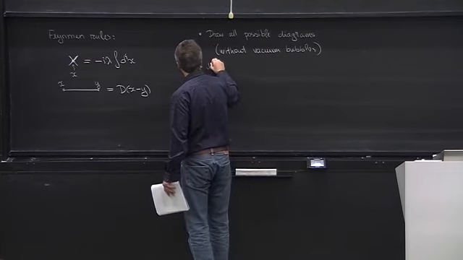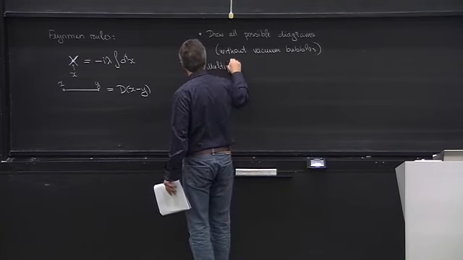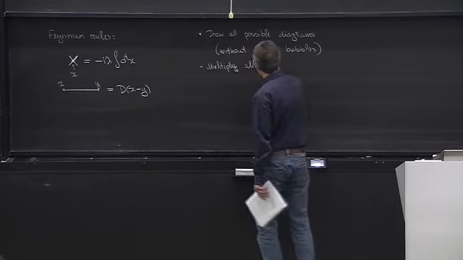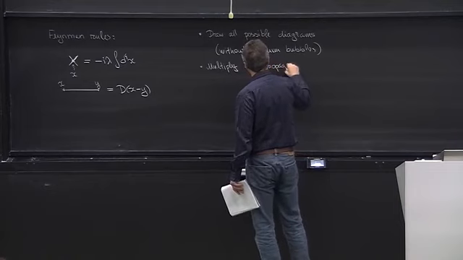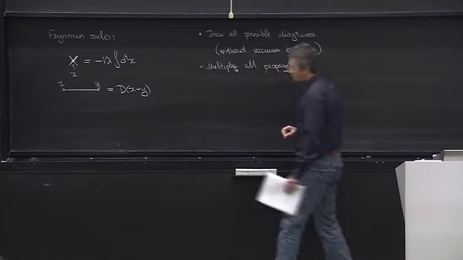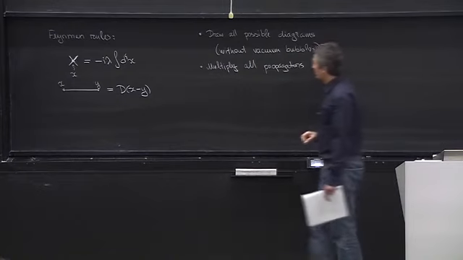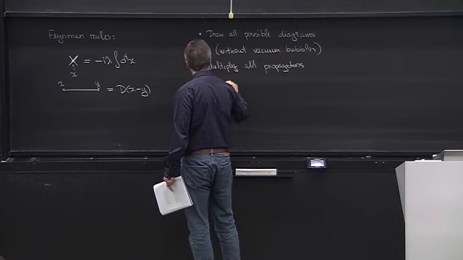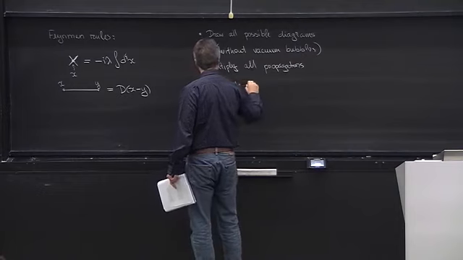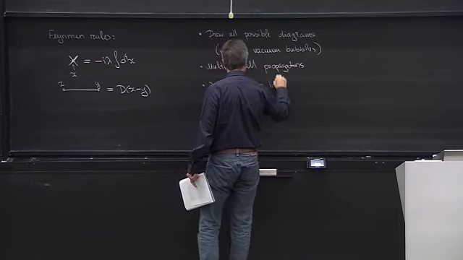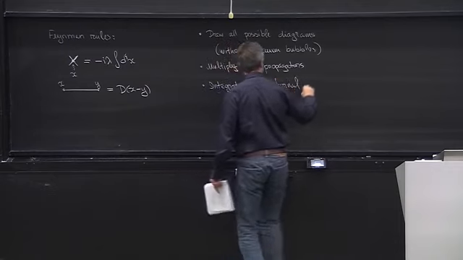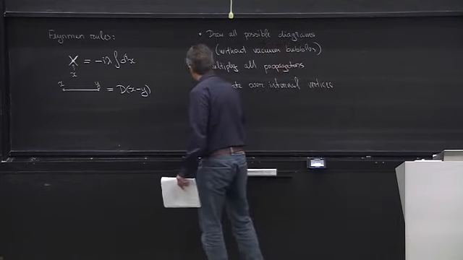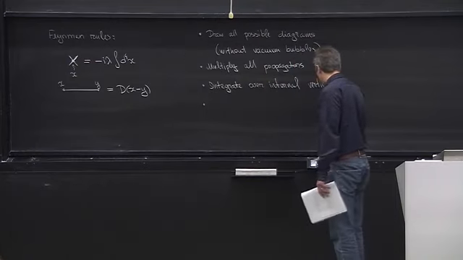Then multiply all propagators in a given diagram and integrate over internal vertices. And then you have to divide by the symmetry factor.